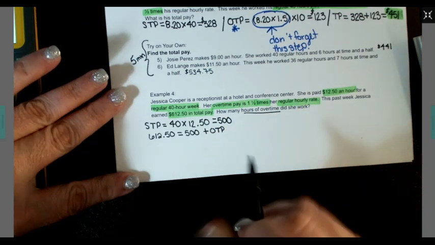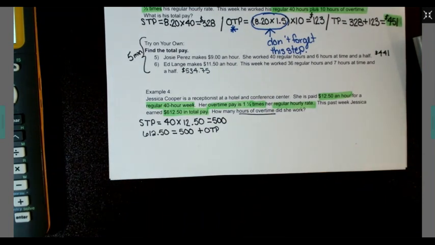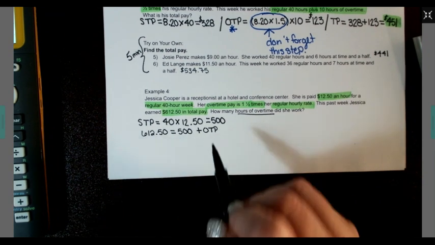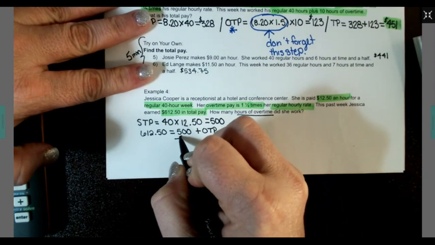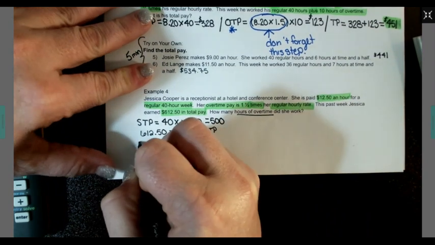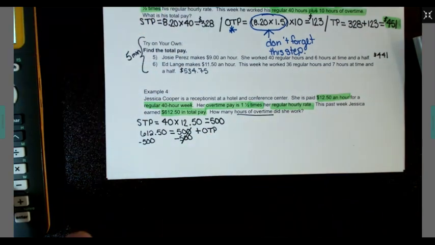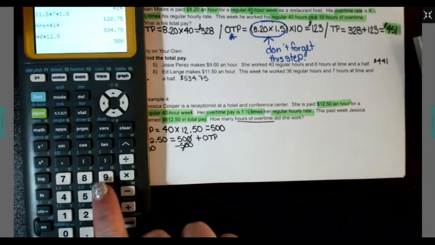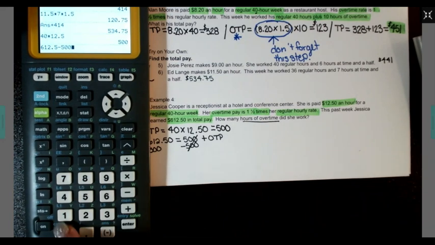So I'm going to call this OTP. That's what I'm looking for. How do we find our overtime? How would I solve for OTP? Oh, we're going to subtract 500. That's right. So we got 612.50 minus 500.